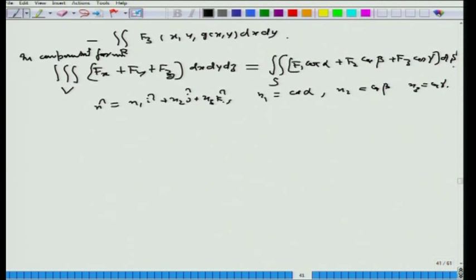So, we have this. Now, if we choose as before, the components f 1, f 2, f 3, let me write it neatly.